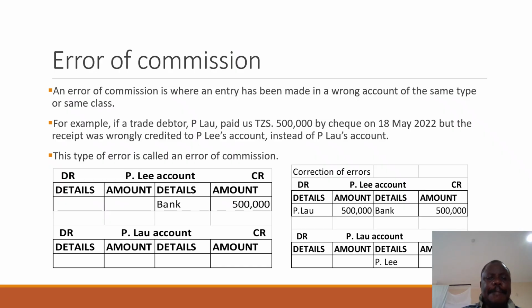Both were our debtors, but instead of the transaction going directly to P Lau account, it went to P Lee account. So to correct this error, we have to rectify it through P Lee account and P Lau account. So we debit P Lee account with the amount, and we credit P Lau account.